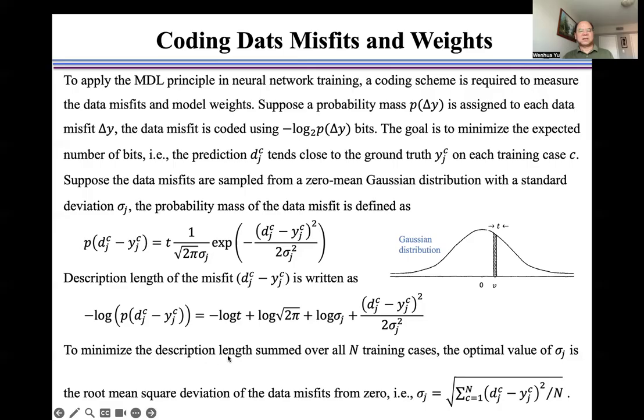To minimize the description length summed over all n training cases, the optimum value of sigma j is the root mean square deviation of the data misfits from 0, namely the sigma j is the value of this formulation.